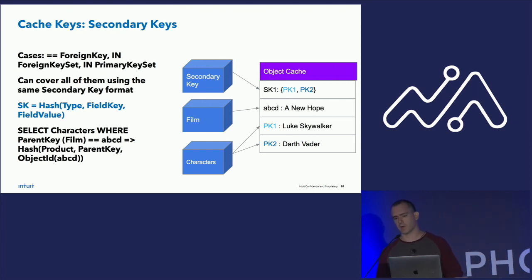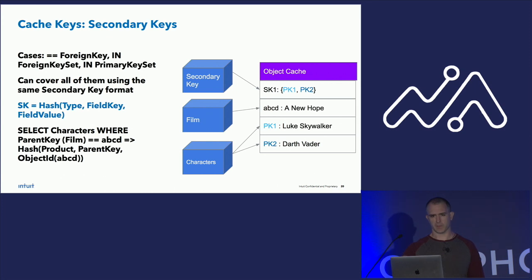Well, we see that on the right, because we can see we stored the film object itself keyed to A, B, C, D. That was just a direct assignment, right? And then on top of those low-level objects, Luke Skywalker a character and Darth Vader a character, we also have this secondary key set right here, and that's pointing to two other IDs, right?